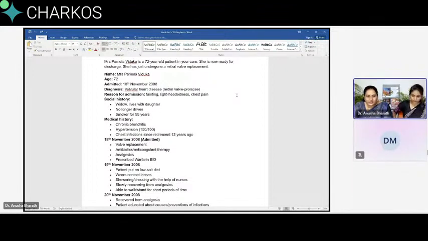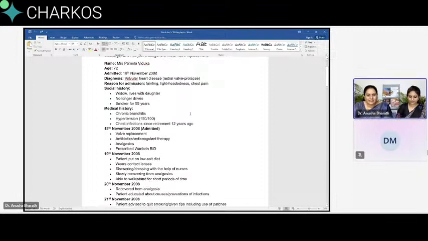And the diagnosis is valvular heart disease, so it is mitral valve prolapse. And reason for admission, so these are the presenting complaints: fainting, lightheadedness, chest pain. And the social history says that she is a widow, lives with daughter, no longer drives, smoker for 55 years.